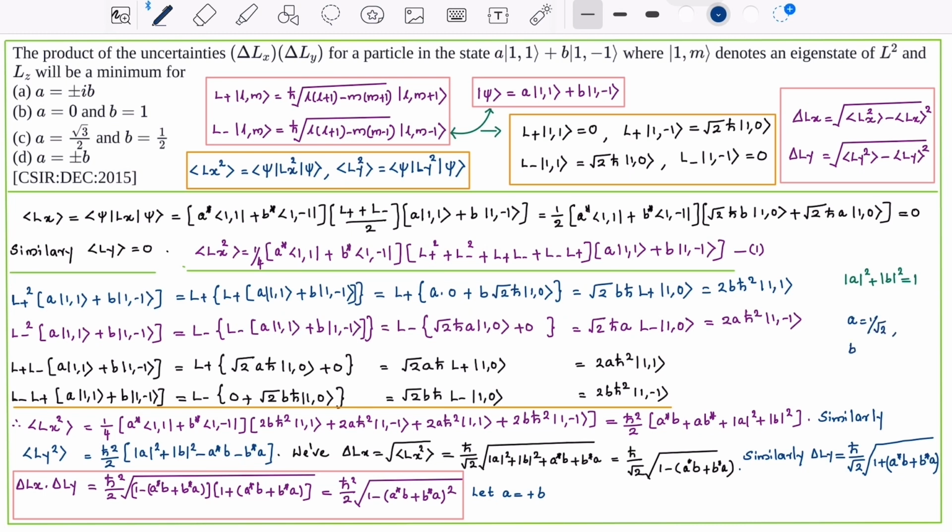When this condition is satisfied, delta Lx delta Ly becomes 0. In all other options, if we check, it is greater than 0. Therefore, we can say that the minimum value of delta Lx delta Ly is equal to 0, corresponding to option D.